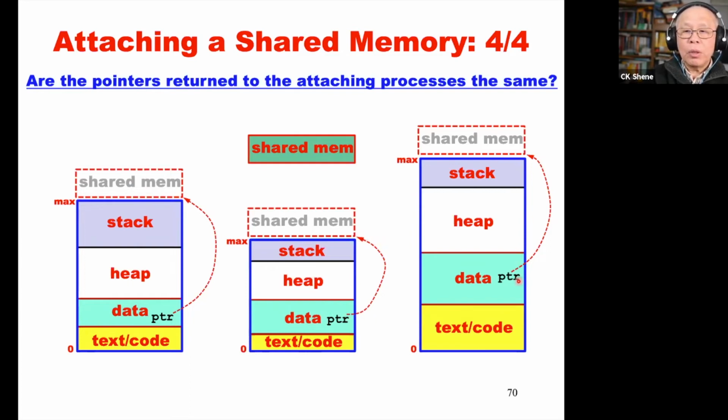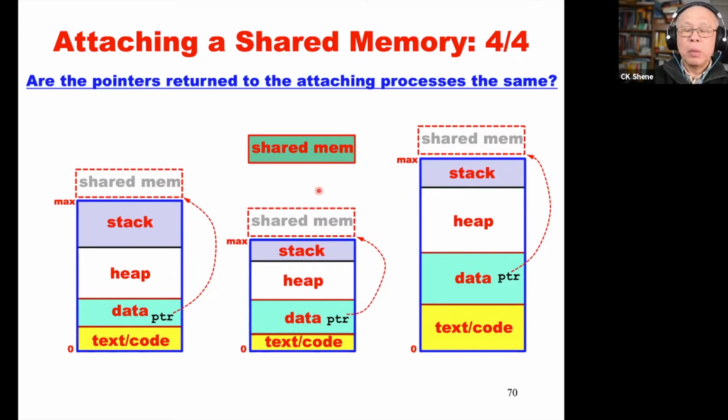Now, this is a much larger program. So the pointer returned from shared memory gets here. So as you can see, these 3 pointers would point to different locations, although these 3 things are the same.